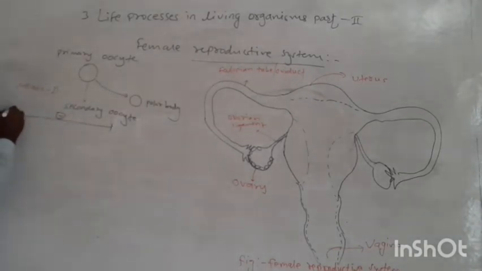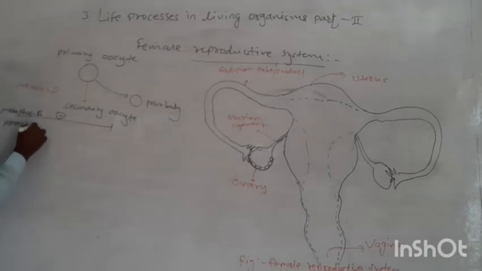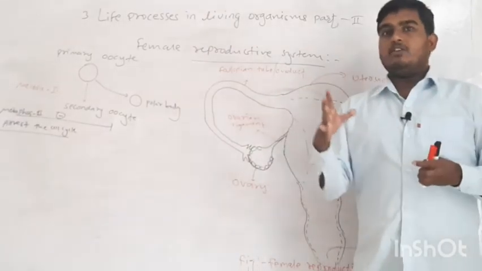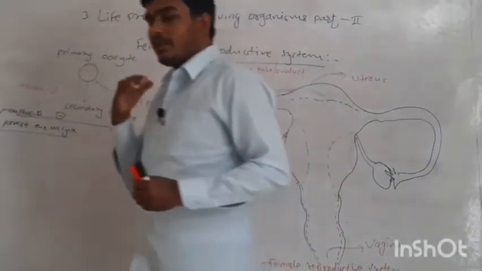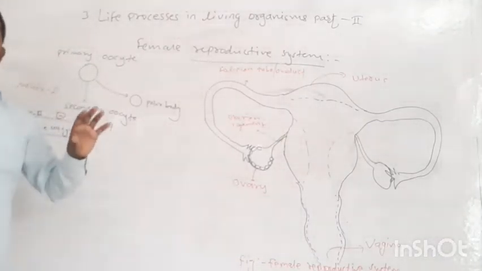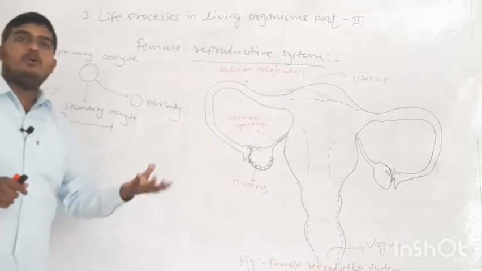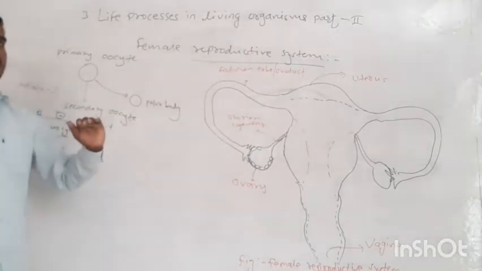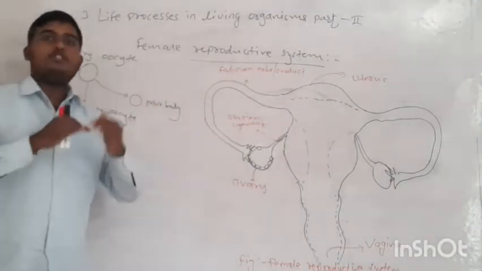Arrested in metaphase second. The cell cycle is again arrested, waiting for maturity. Now this secondary oocyte is able to convert into an ovum or egg cell, but in this stage it waits for that particular female's maturity.